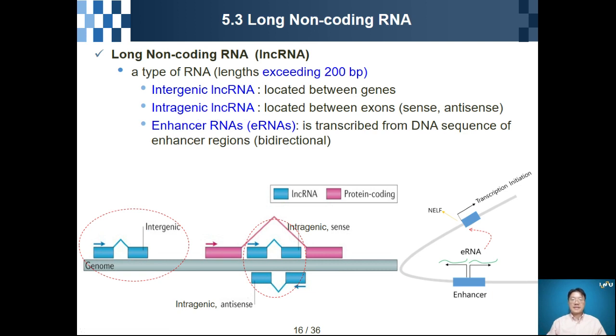Another form is the enhancer RNA, eRNAs. eRNAs are transcribed from the DNA sequence of the enhancer. So this is the enhancer region. Usually this eRNA is bidirectional.